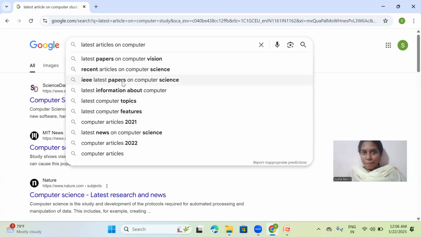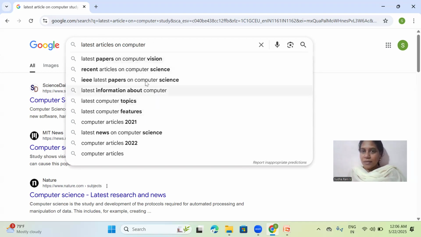Papers, topics, features are all related to articles, where it is performing lemmatization. It filters the very nearest and closest words which can be replaced with articles. I gave latest articles and computer, but you can see topics and features as well.